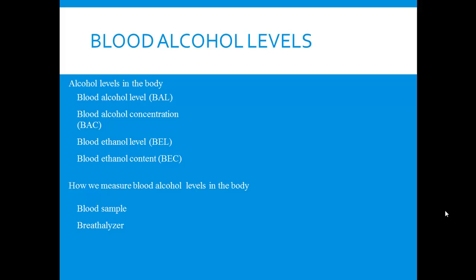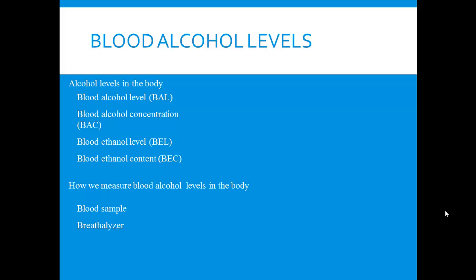This is why you see the term milligram percent, because we're looking at how much is in that 100 milliliters. Whenever we use percentages, it's as a portion of the whole, or 100.